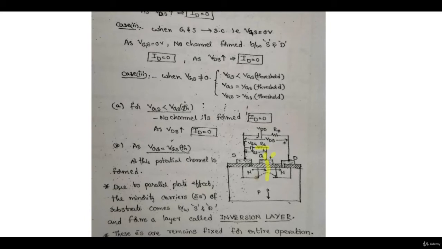In the P substrate, you have holes as well as electrons, electrons as minority and holes as majority. So holes will try to repel. That's the reason this arrow is going downwards, because it is repelling from this positive terminal, and electrons will try to attract. And this is the cloud of electrons here.